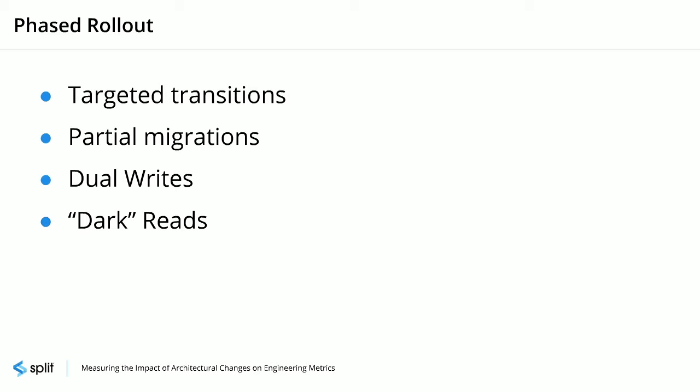Those partial migrations save you a lot of time and a lot of headache in the case that there are any issues. You then use that dual writes, dark reads model to make sure that you're getting a very efficient and successful result, and that at every step of the process you're able to see valuable data.